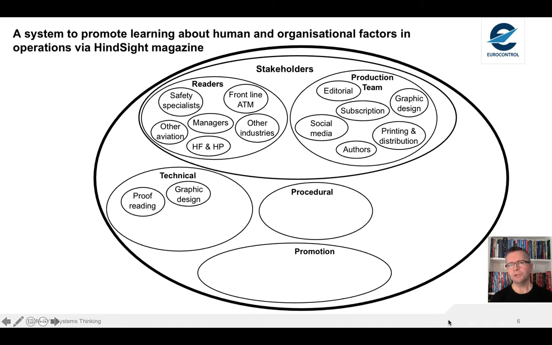There's also technical tools from the graphic design side that are required in terms of software, and then there's the printing technical aspects, and there's also a database, and then there's social media to promote the magazine.